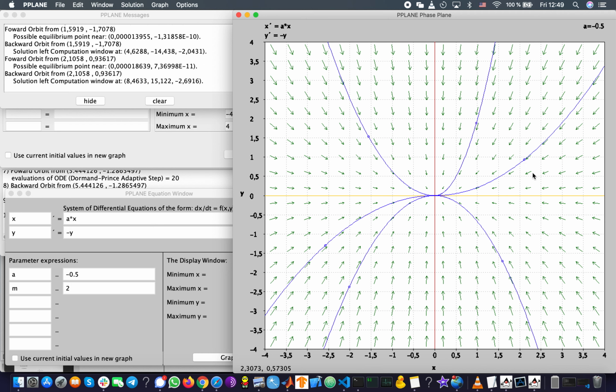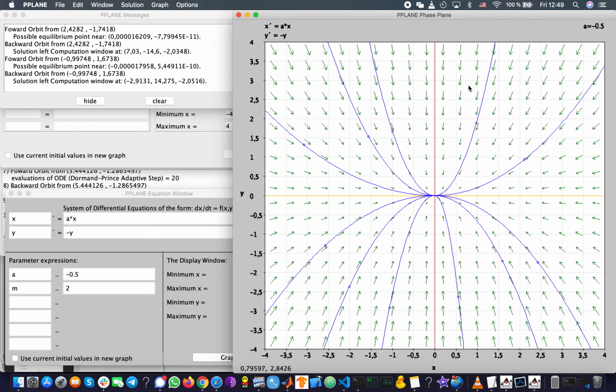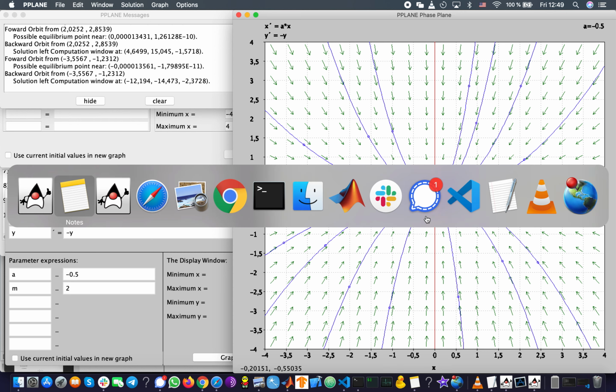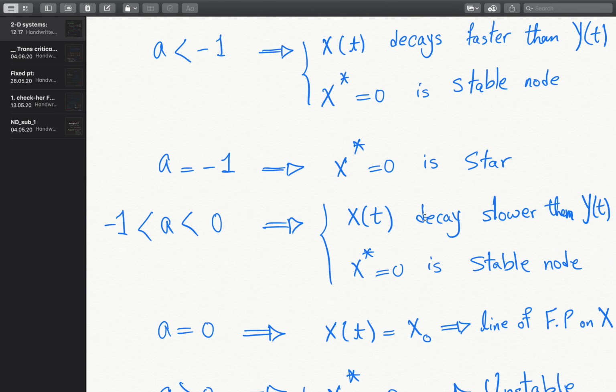All of the trajectories are absorbing, and there's a kind of tangent here. All of the trajectories in these two regions are kind of tangent to each other.